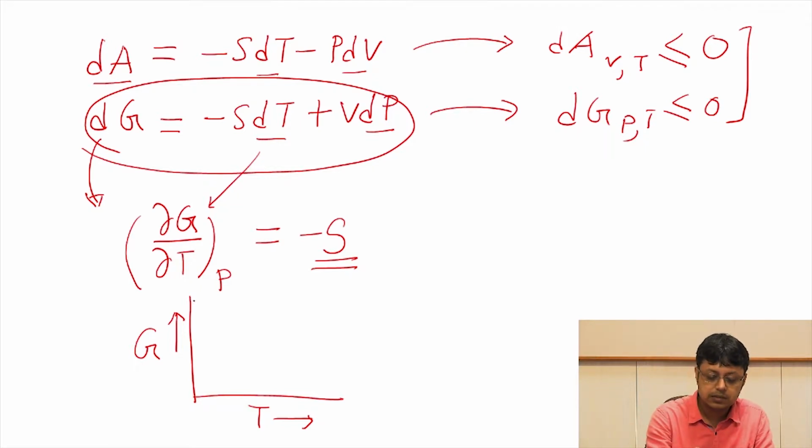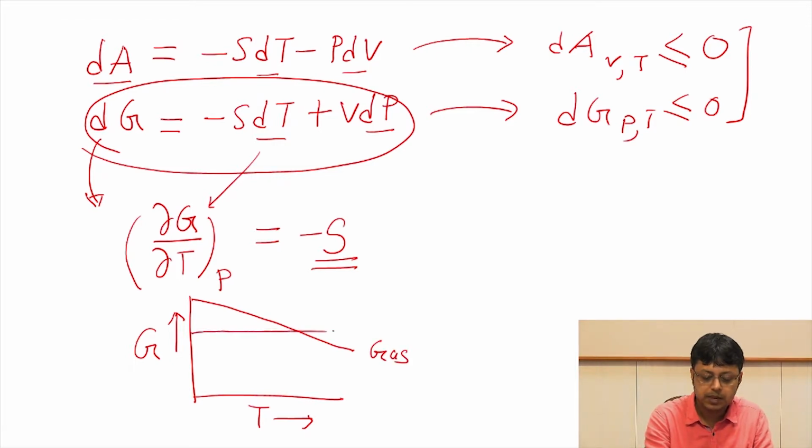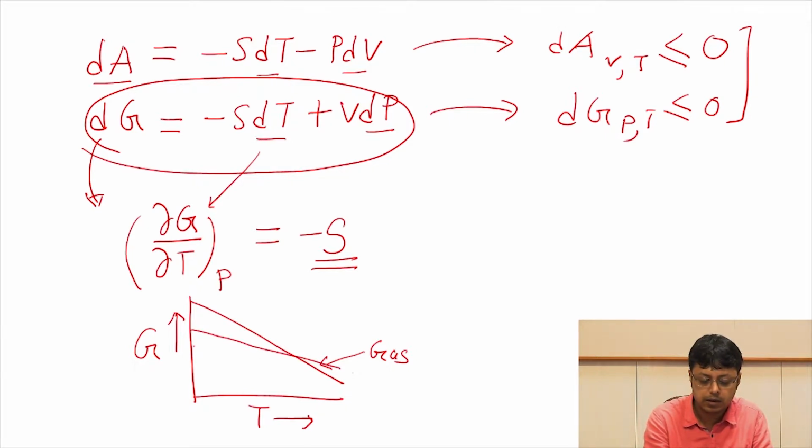Now the decrease will be more for a gas. It will be much less for liquids and solids. So if this is gas, let me draw it once again. Suppose this is for gas, and then the liquid will decay a little bit and the solid will decay even less.